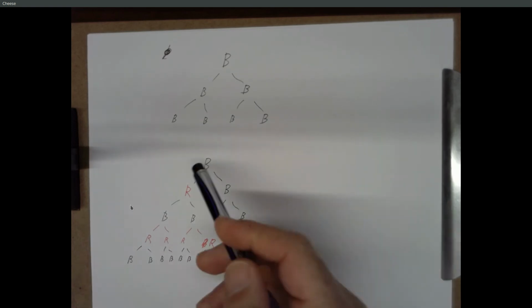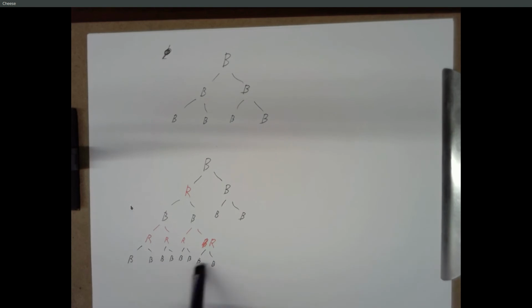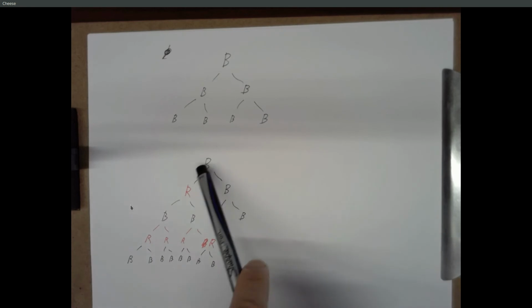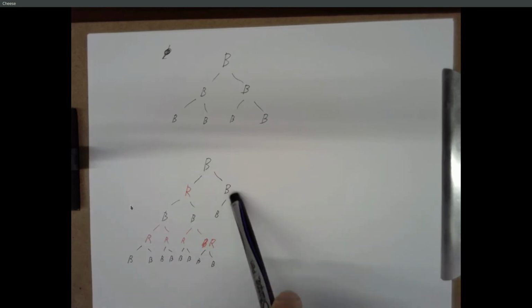Right, red nodes all have black children, root is black, leaves are black. It's the black depth that's usually tricky, so 1, 2, 3 to any of these, 1, 2, 3 to any of those. But it's definitely not perfectly balanced in a classic sense, right? Because the total height over here is 1, 2, 3, 4, 5. Over here it's 1, 2, 3.